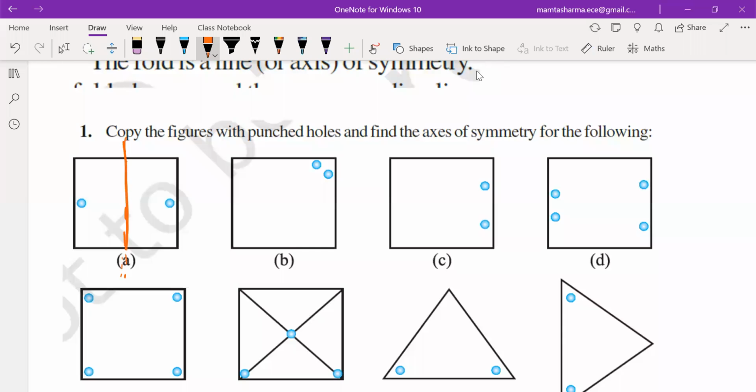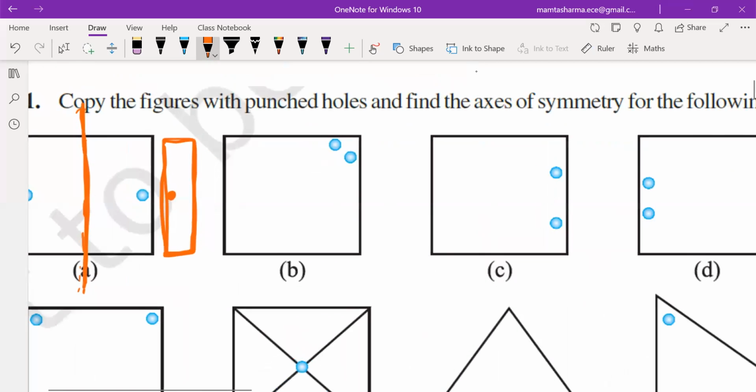If you fold along the vertical axis, after folding you can see half of the portion, and this punch will be here. Clear? And when you open it, you will get 2 punches opposite to each other. So this would be the line of symmetry.